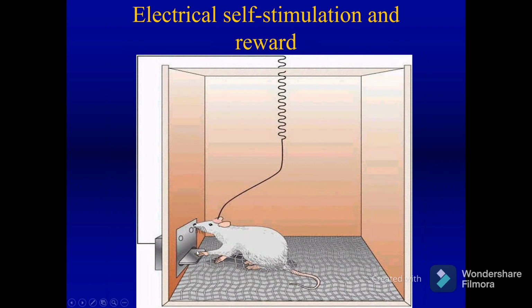So now this rat will press it again and again. So it is some kind of reward for him. So this rat will press this lever again and again with the intention to achieve the pleasure.